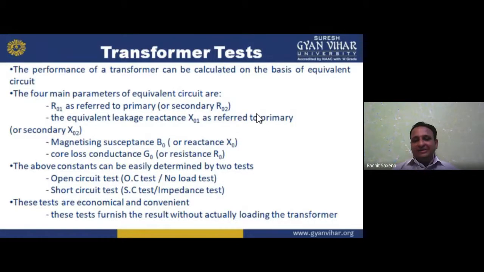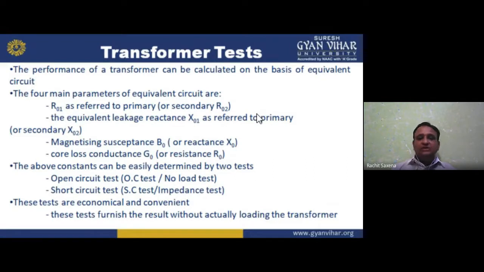Now, transformer tests. We have understood the equivalent circuit and how to make the phasor diagram. Now these are the transformer tests. The performance of a transformer can be calculated on the basis of the equivalent circuit. The four main parameters of the equivalent circuit are R naught, the equivalent resistance referred to primary or secondary, R2; X naught, the equivalent reactance referred to primary and secondary, X naught 2; the magnetizing susceptance B naught or reactance X naught; and the core loss conductance G naught or R naught.